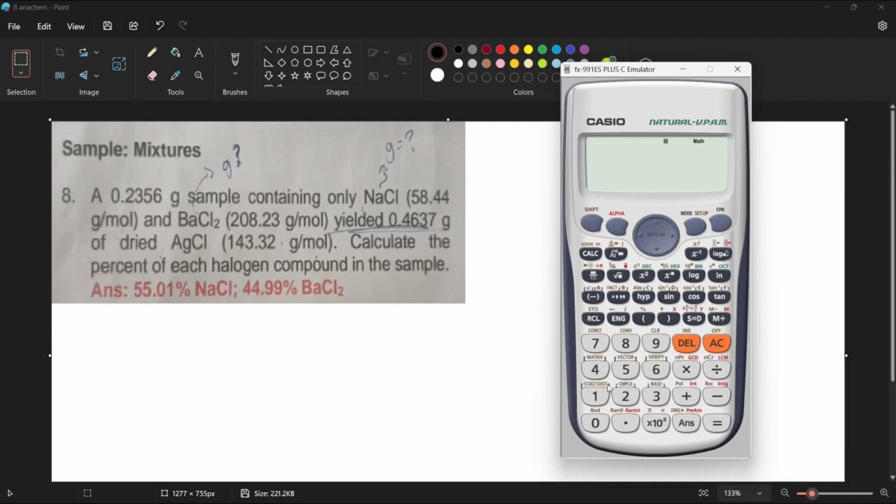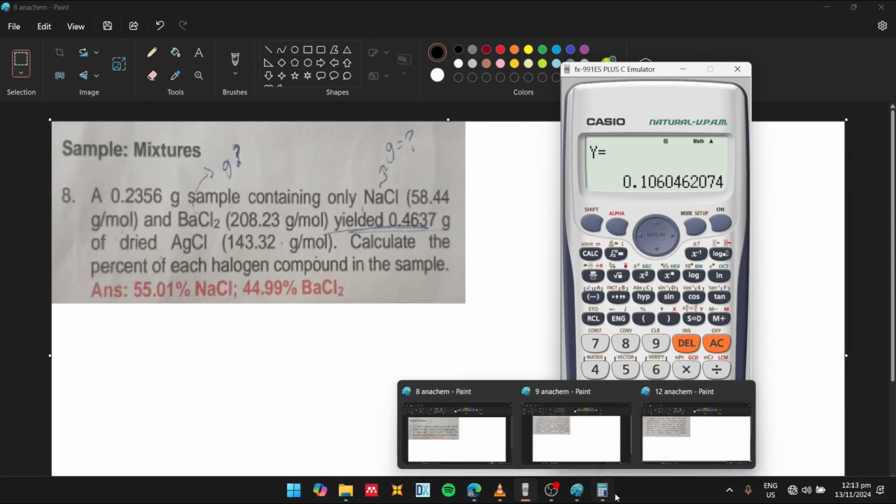So for the value of x, which is NaCl, we'll write down 0.1296. Please write that down if you have your pens with you. And then for y, we have a value of 0.10604.